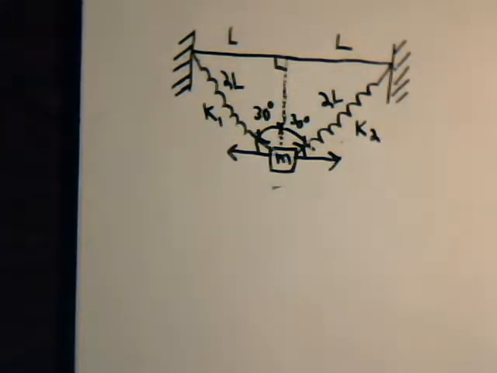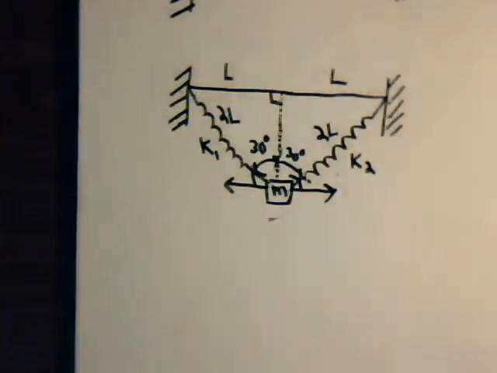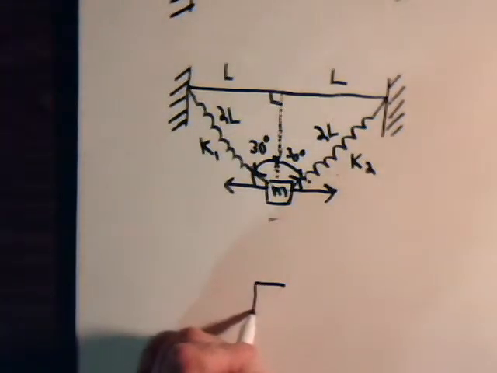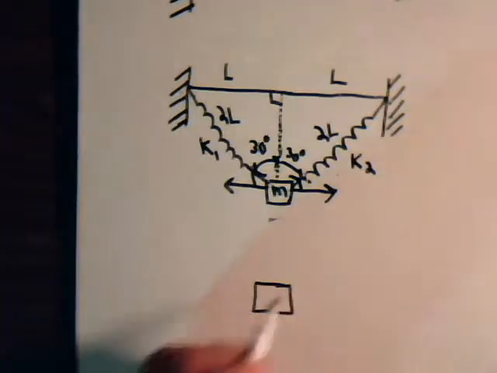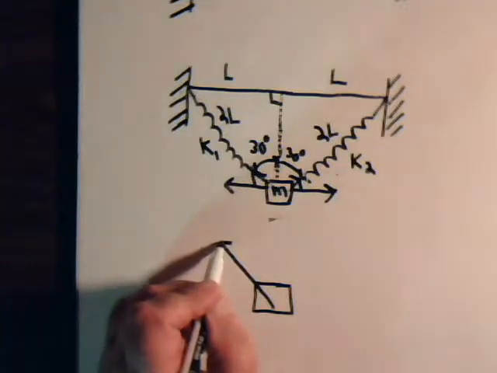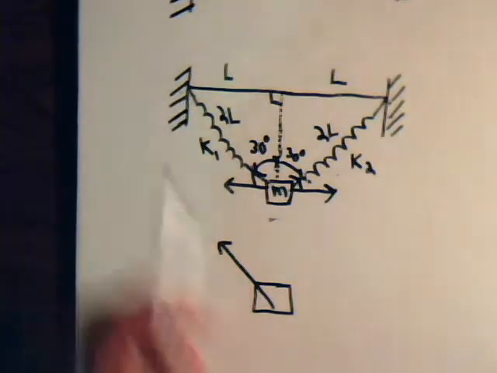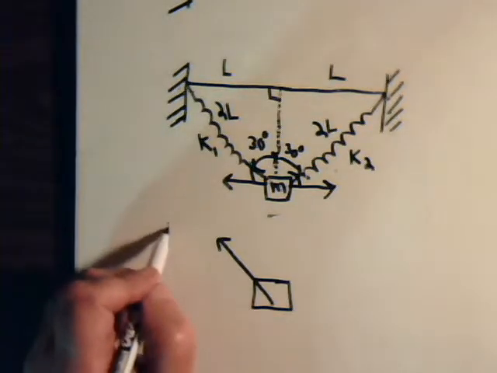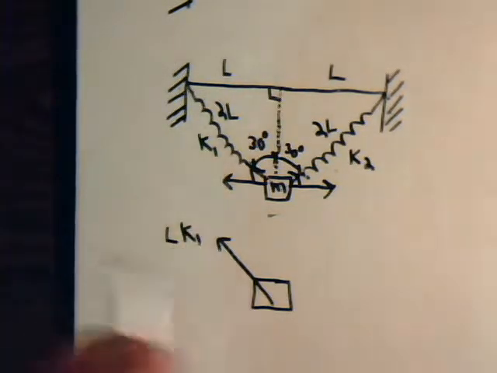And once again, let's try to redraw this part of the diagram. We have the mass M, and then there's a force like this from this spring, and the magnitude of that force was L k1.